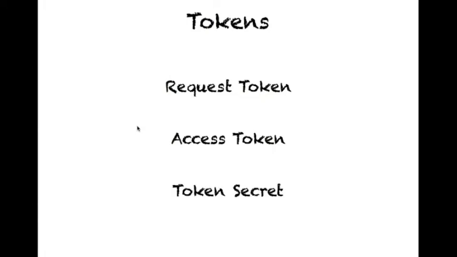First we will get a request token from the service provider, and then let the user authenticate it so that he can then elevate it to an access token, which is a value passed by the consumer to the service provider to get the data that it wanted. Then the token secret is the value within each token that provides some sort of password or a hash that tells that the token is owned by the consumer.